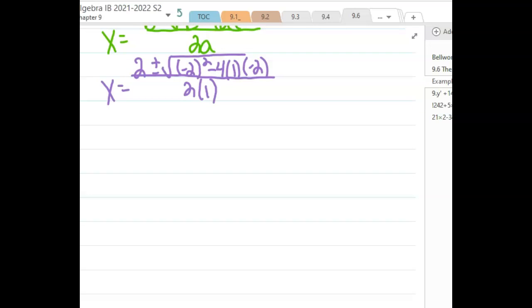Okay, our first step in simplifying, we're going to do 2 plus or minus the square root. Remember, when I do negative 2 squared, that is negative 2 times a negative 2, which gives me a positive 4. When I figure out the next sign, this time I have a negative 4, a positive 1, and a negative 2. A negative, a positive, and another negative. What's going to happen there?